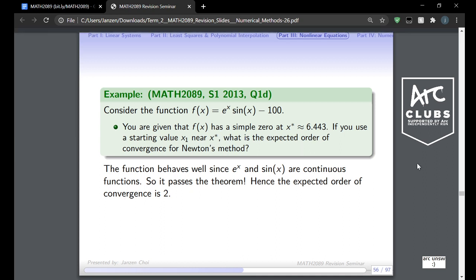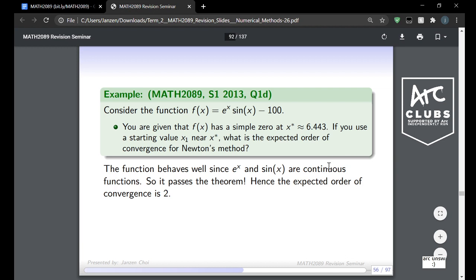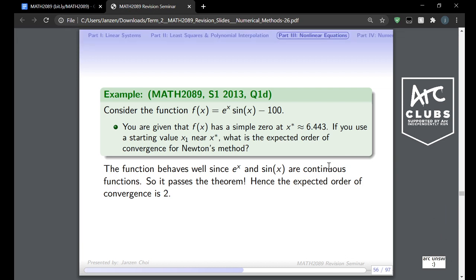As long as your starting value and the actual root are on the same concave, then it's fine. So the expected order of convergence will be 2.